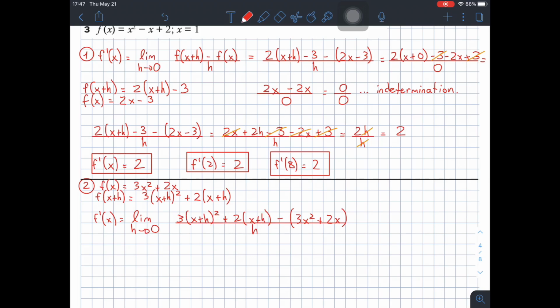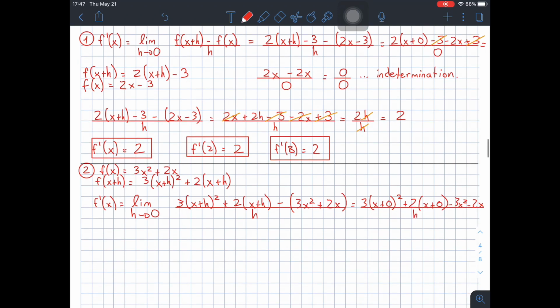So if I do that, we're going to get 3 times (x plus 0) squared plus 2 times (x plus 0) minus 3x squared minus 2x, divided by h.